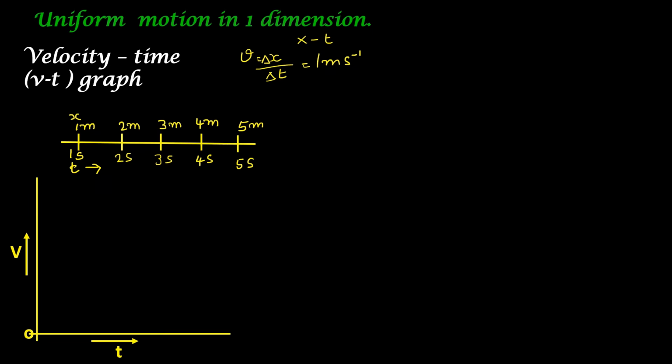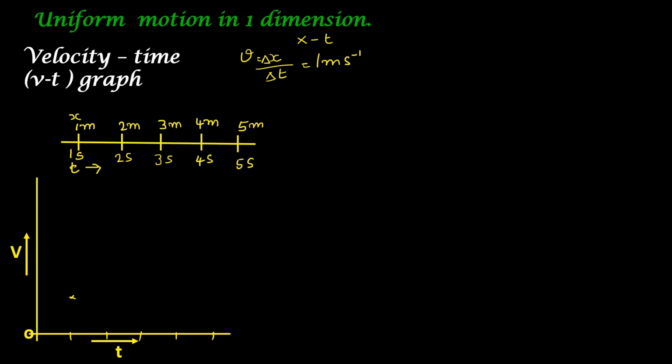How do we represent this on a graph? Y-axis represents velocity and x-axis represents time. Time is noted on the x-axis to a suitable scale. Velocity is noted on the y-axis also as per a scale. Here the velocity is uniform.